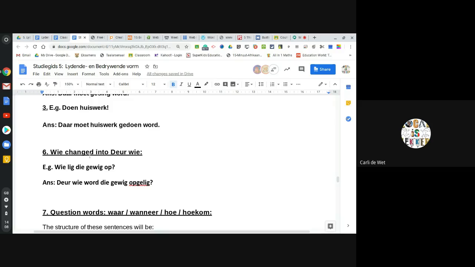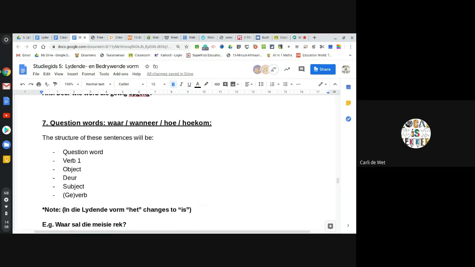So if lig is going to move to the back, dit is 'n skeybare werkwoord. You can see it there because it's got a preposition. It's a verb consisting of a preposition and a verb. Am I making sense to you? Yes. Goed.